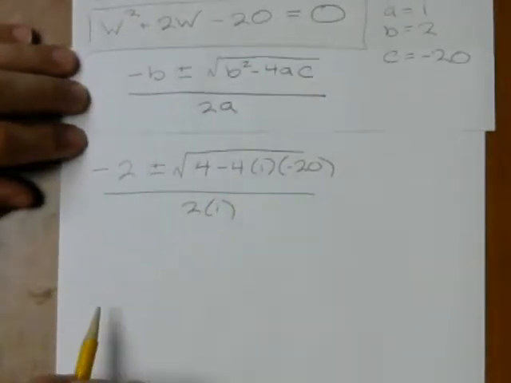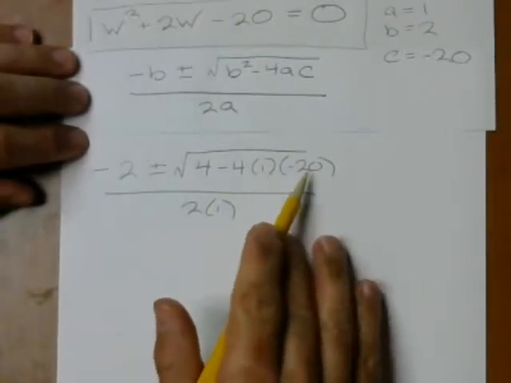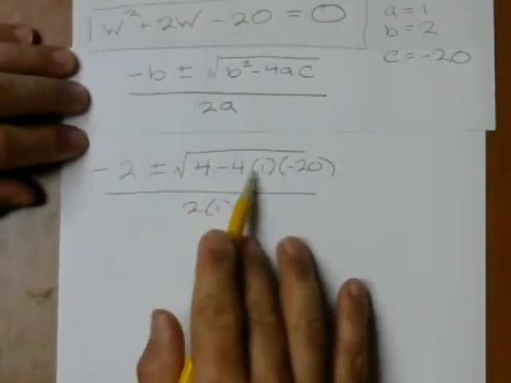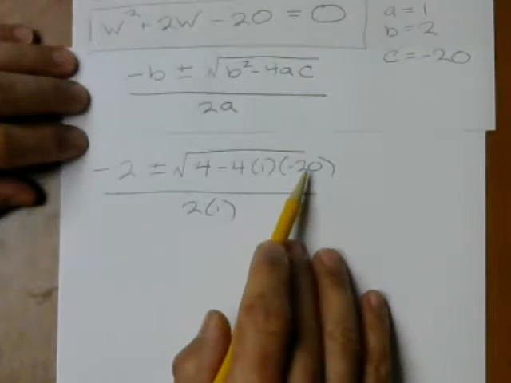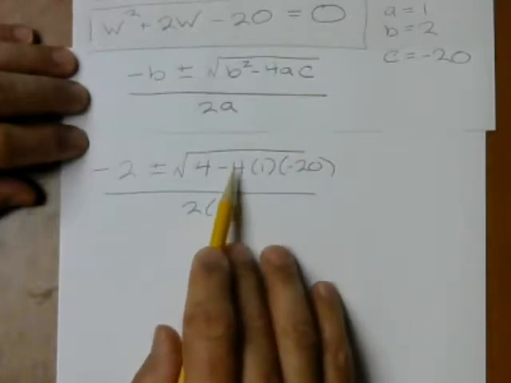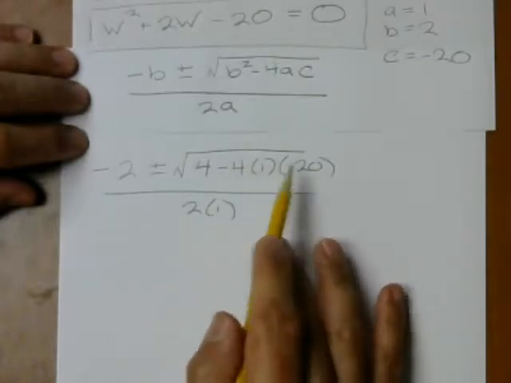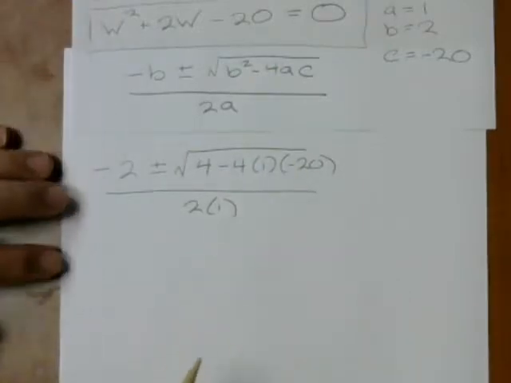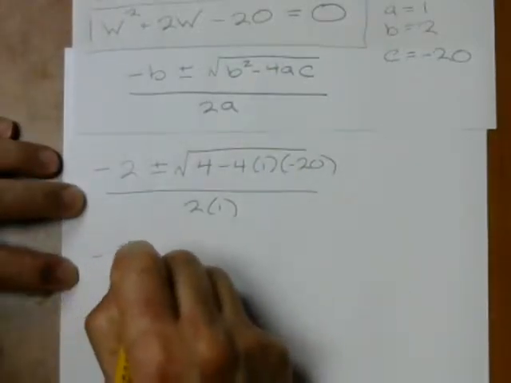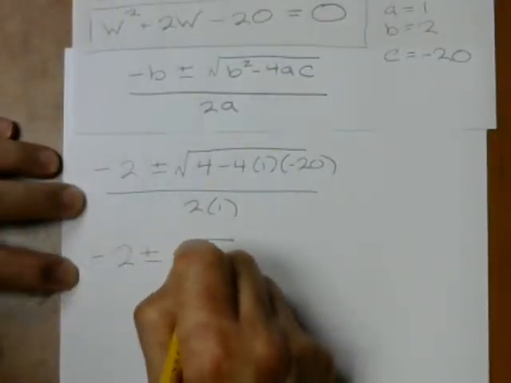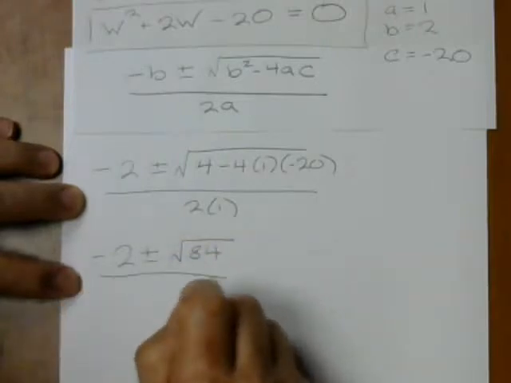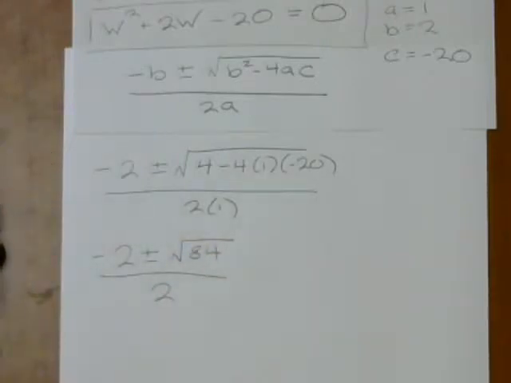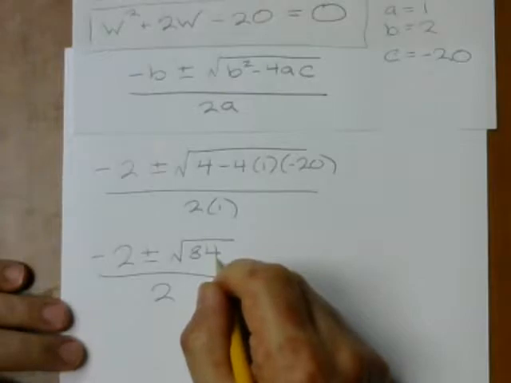I said I was going to compute the discriminant first. I probably should have. I didn't. That's fine. We'll just keep going because this is going to give me 84. 20 times 4 is 80. It's positive 80 because I have 2 negatives. So I get negative 2 plus or minus the root of 84 over 2. And what do I happen to know about 84?